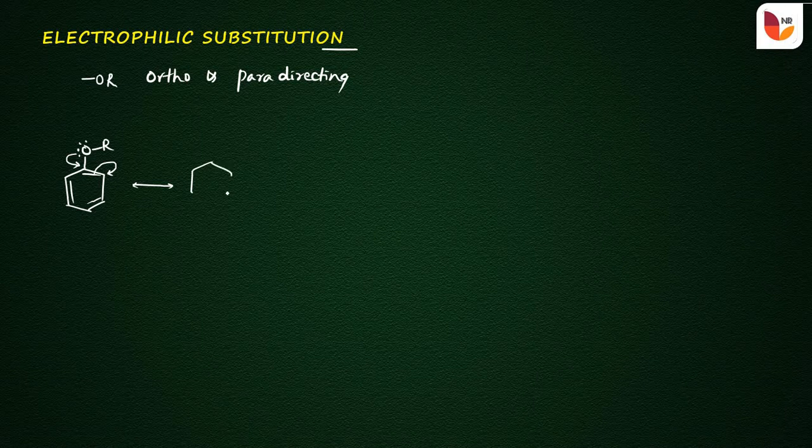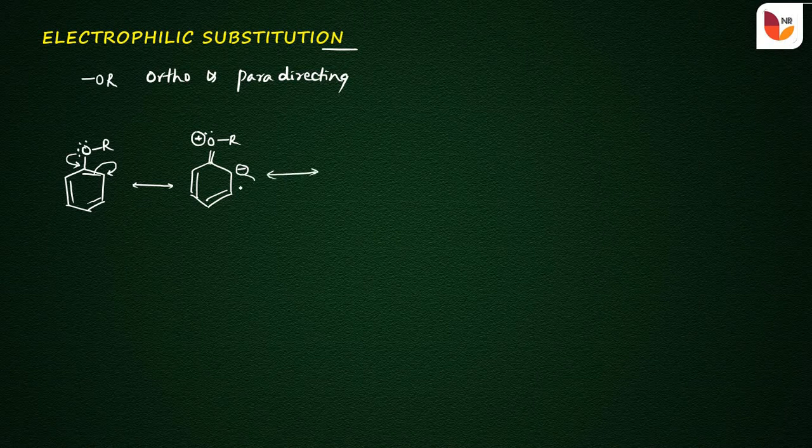So it gives the first resonating structure, where this carbon gets the negative charge, there is a double bond between the oxygen and carbon, and there is a positive charge. This positive charge is due to the loss of electrons, that is, the lone pair of electrons are shifted towards the carbon, and the remaining two bonds are present at the same positions.